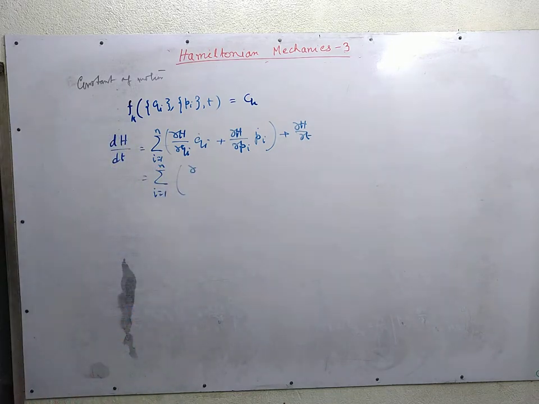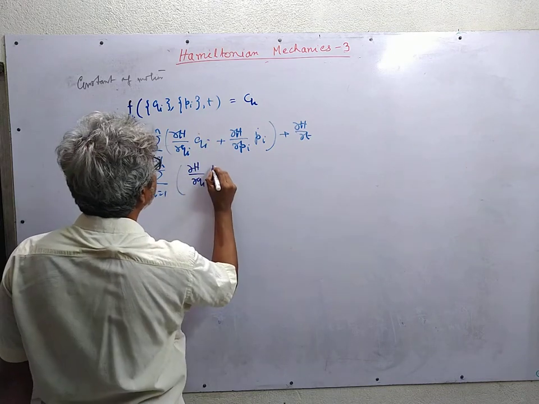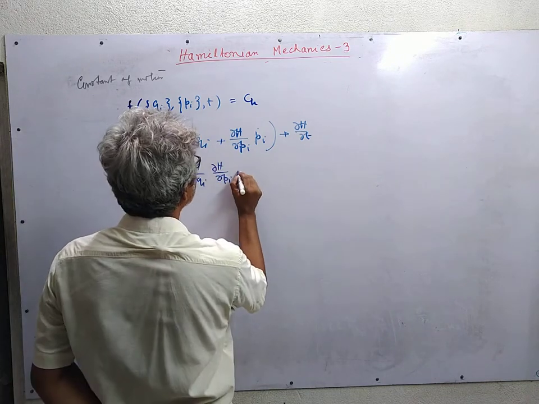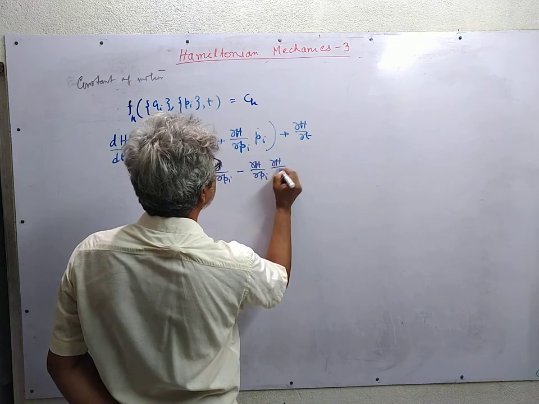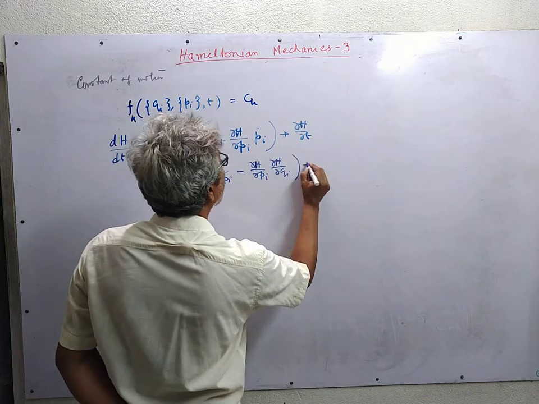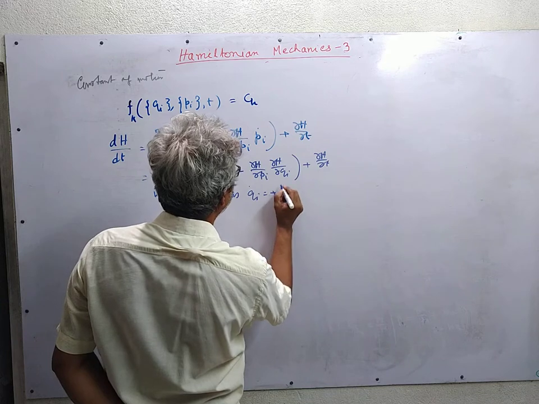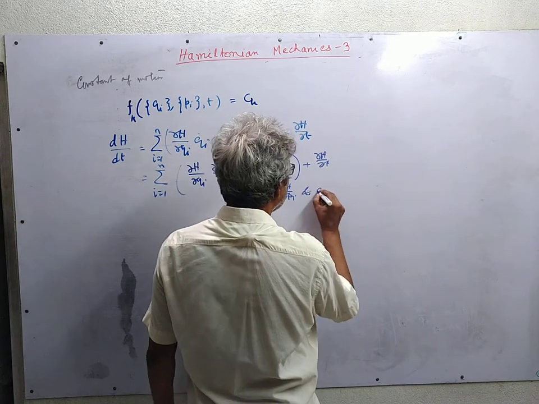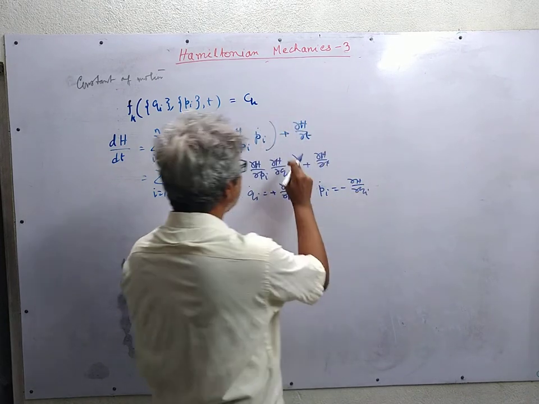Now we use the canonical equations and replace q_i dot with del H del p_i, and p_i dot with minus del H del q_i, since q_i dot is equal to plus del H del p_i and p_i dot is equal to minus del H del q_i.